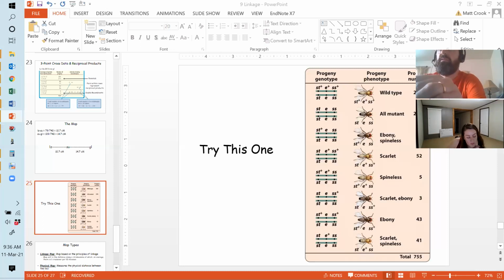Now for the other one, which is going to be the RF between SS and E. So that's the middle one and the one on the furthest right. We need, so that's going to be plus E, and what would that be? ST, SS, and plus. It's really obvious which ones those are because those are the ones you haven't used yet, right? So you don't even really have to work that out.